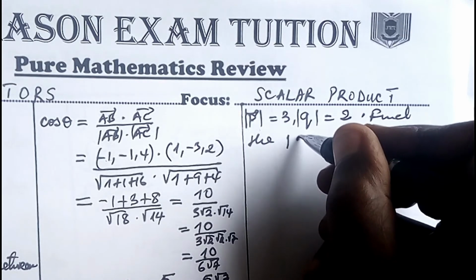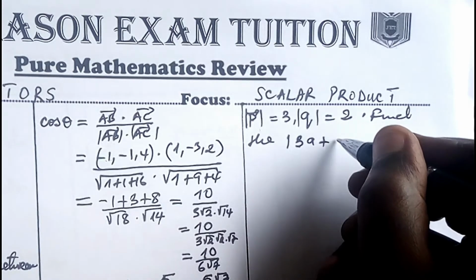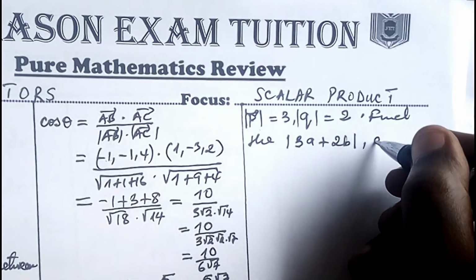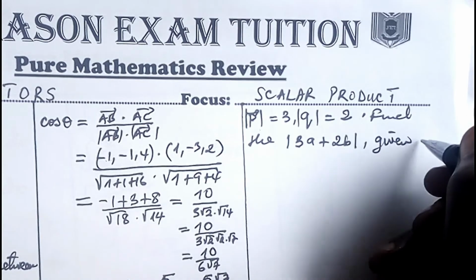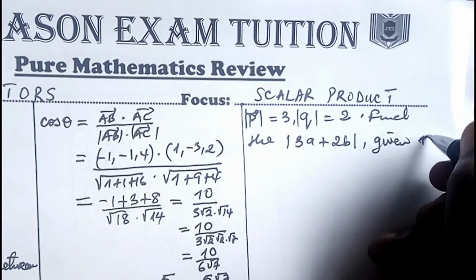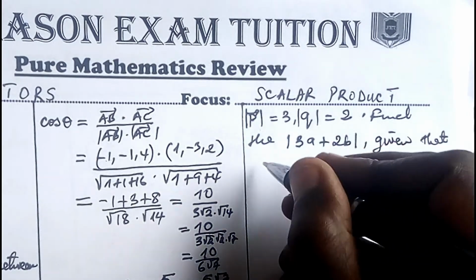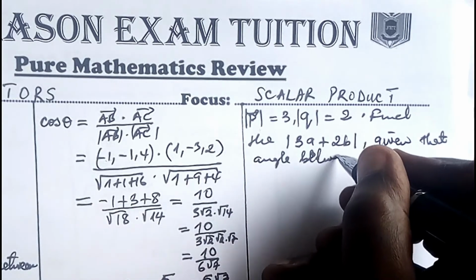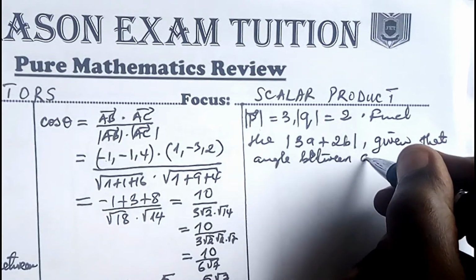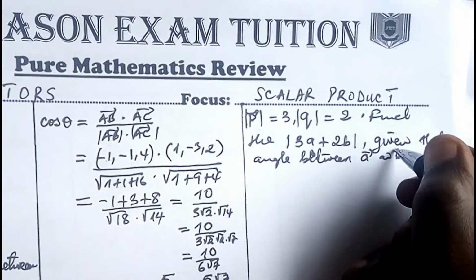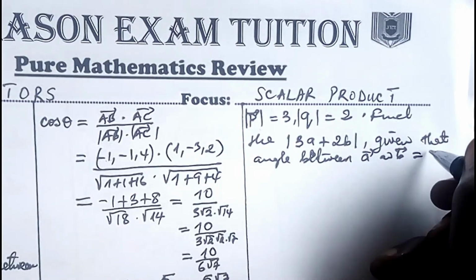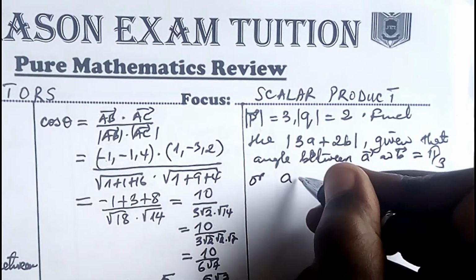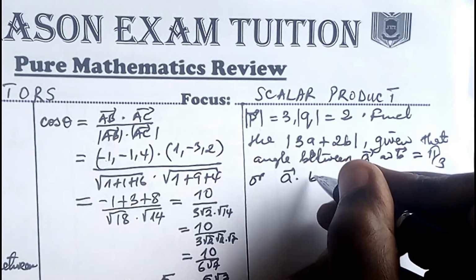We could have something like the magnitude of 3a plus 2b, given either the angle between them is pi on 3, or even their dot product can be given in such a situation.